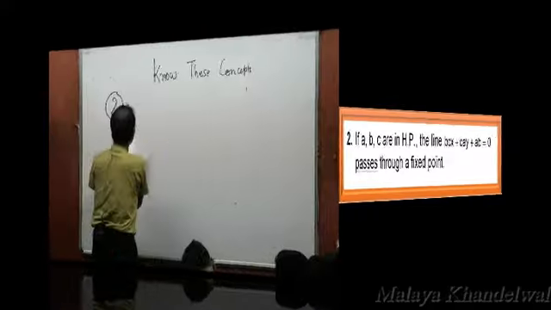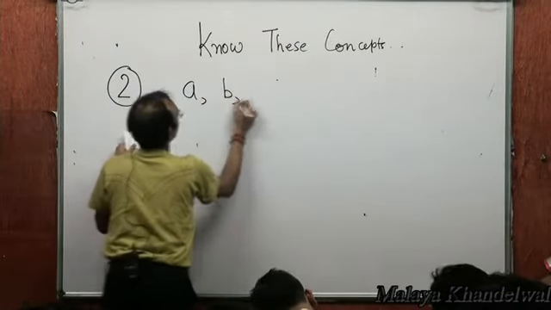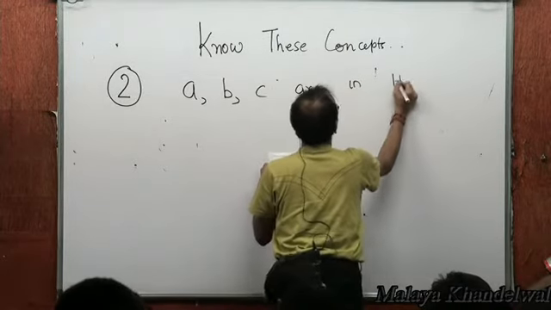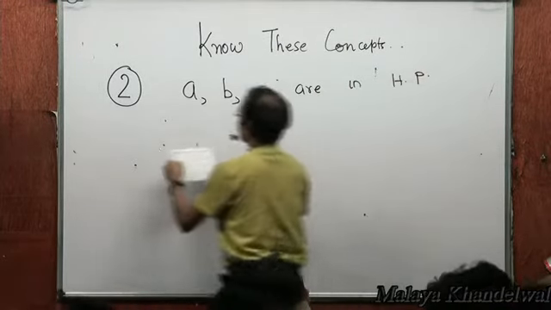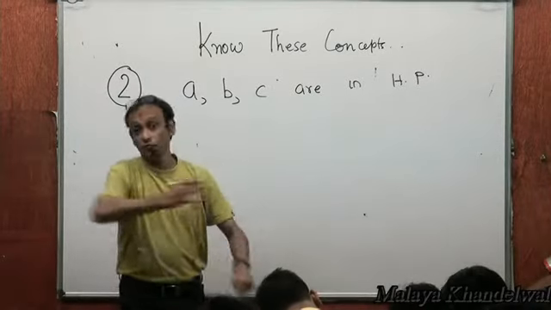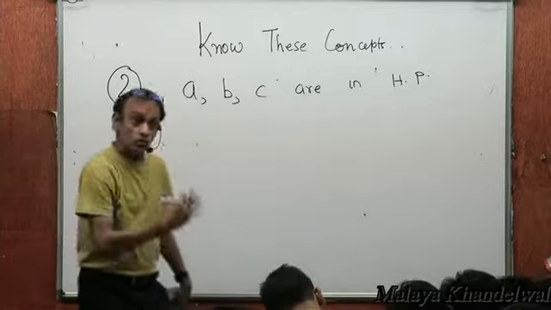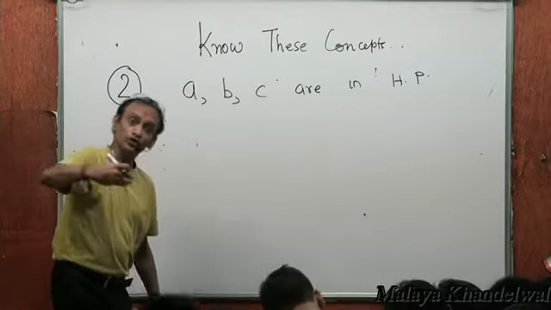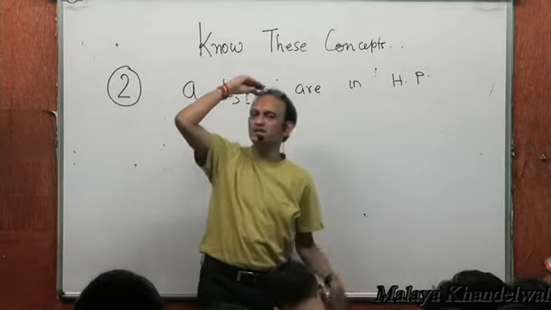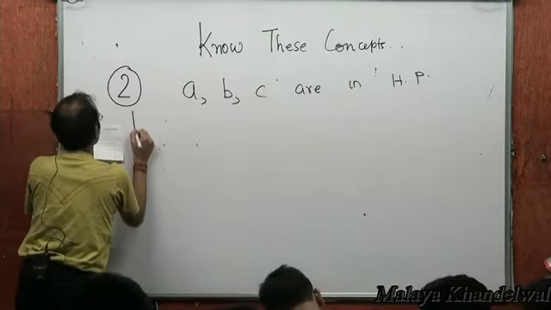The second one: if A, B, C are in HP, and they are parameters, there would be an infinite set of triplets A, B, C in harmonic progression. So they're not fixed numbers, they are variables. Every time you select three numbers A, B, C in harmonic progression, you construct a line out of those three numbers.